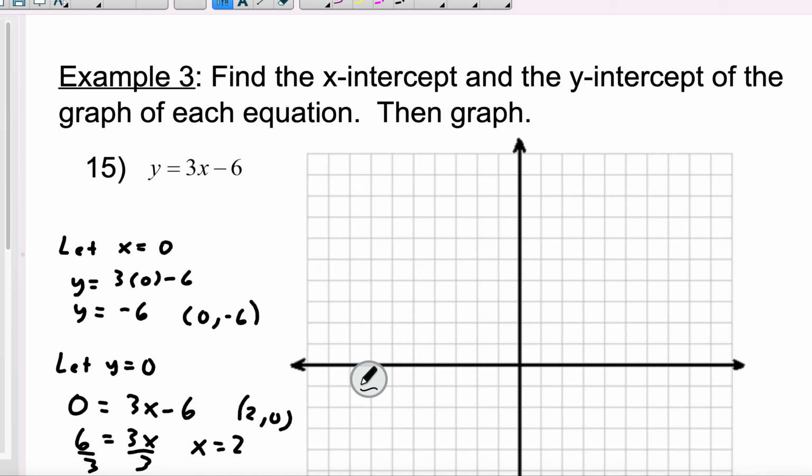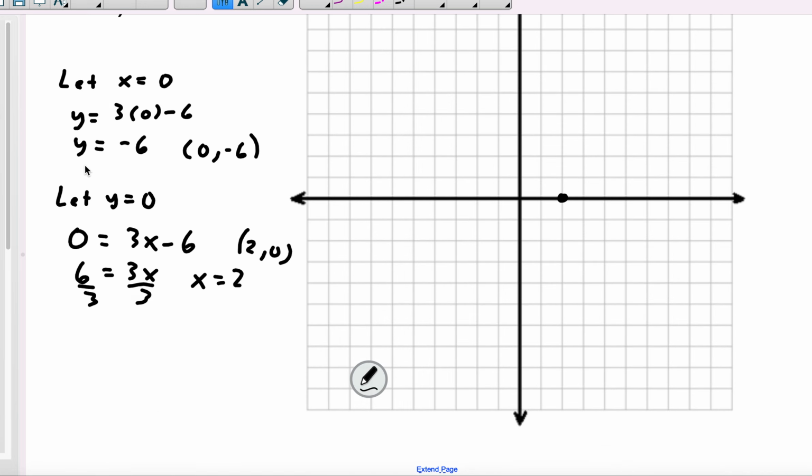I'm going to plot (2, 0) on here. That's my x-intercept. And then I've got my y-intercept, which is (0, -6). I need to move this just a little bit. There we go. Once I have those, I can simply connect them.